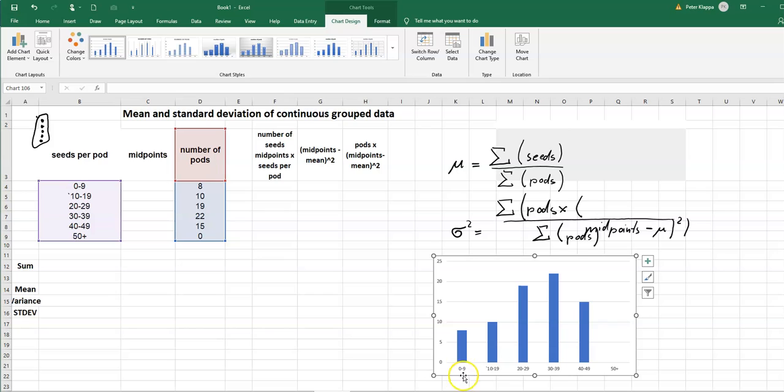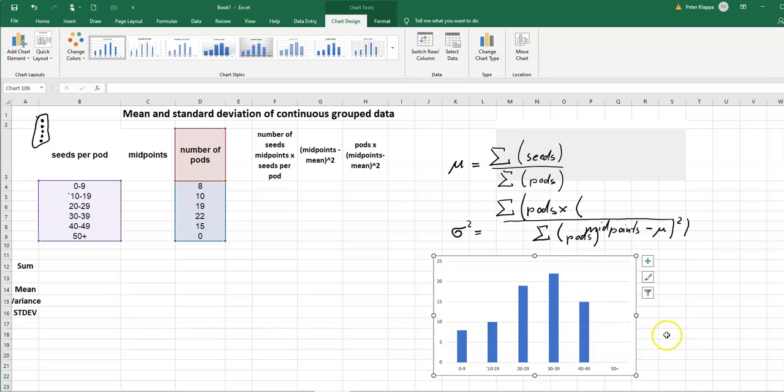And what we see here is that we've got this bar chart, but in a way it's a little bit misleading because the categories here should be very close to each other, should not have this gap in between, because we've got 0 and 9 seeds, and then immediately next to it would be 10 to 19 seeds.